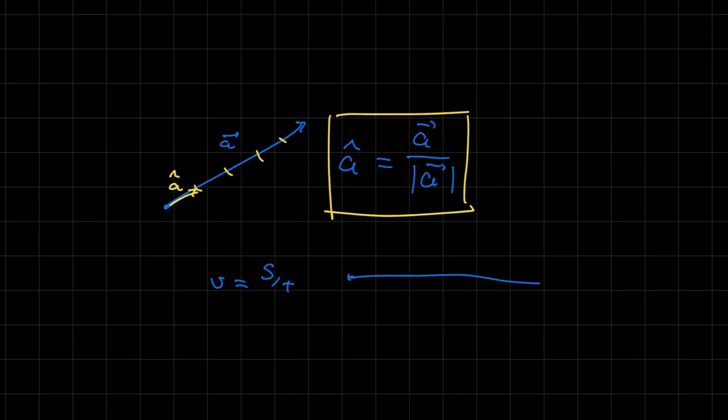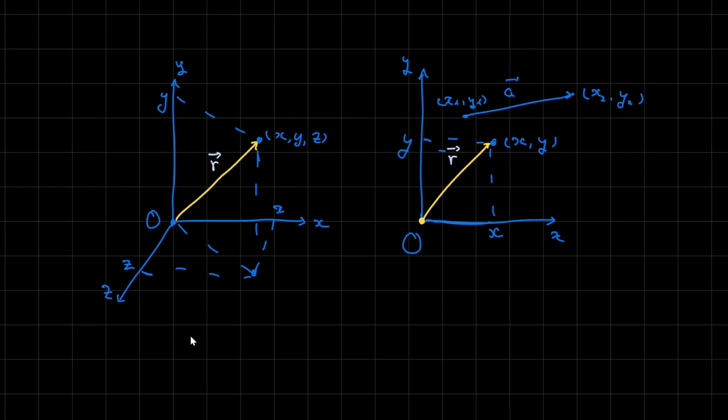This is the road s, and if you split it into equal parts, each of them will equal v. You multiply v with t, that many times of v, and that gets you s.